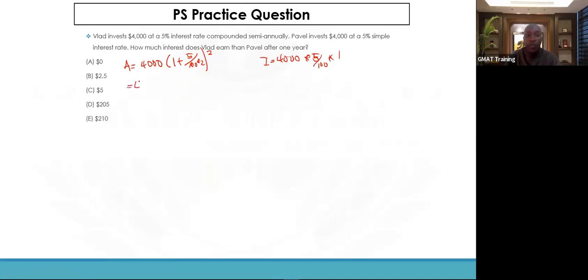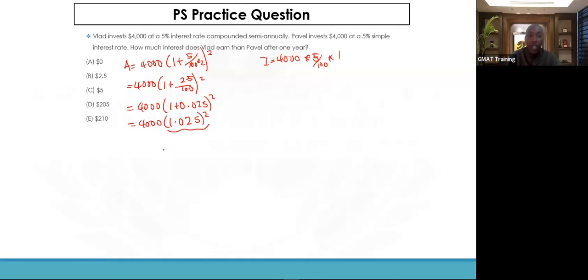In this case, the amount should be 4,000 times 1 plus 2.5 over 100, squared. This adds up to 4,000 times 1 plus 0.025 squared, which equals 4,000 times 1.025 squared. We can calculate this part first, since we need these actual values.